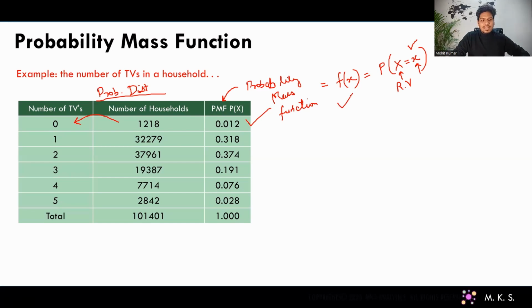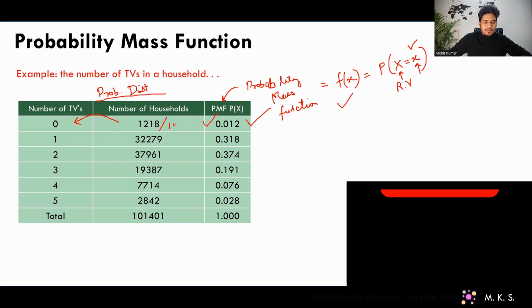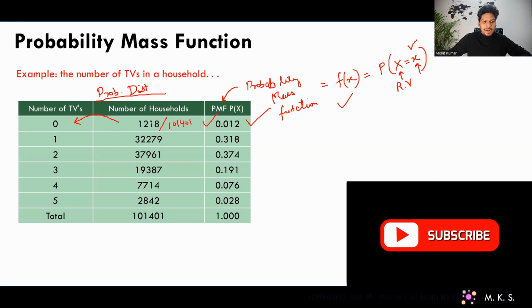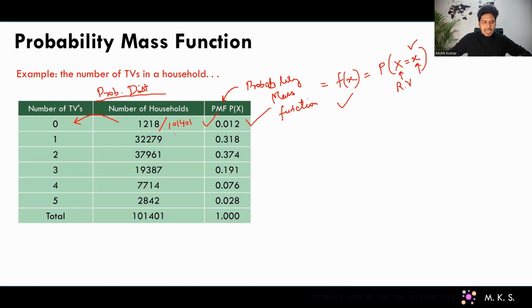For the PMF here, when the number of TVs is 0, the value will be 1218 divided by 101401, the total number of households. When the number of TVs is 1, it is 32,279 divided by 101401.